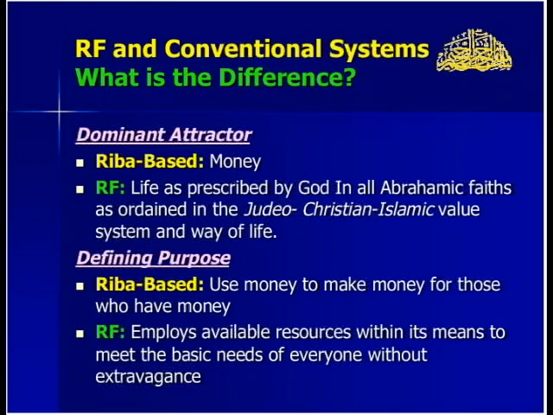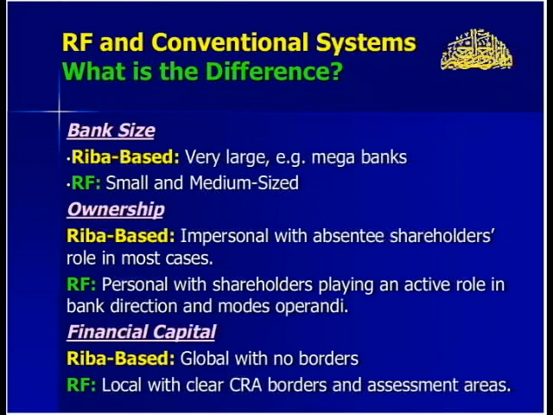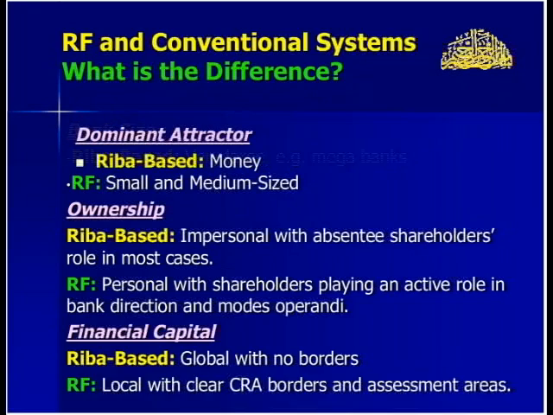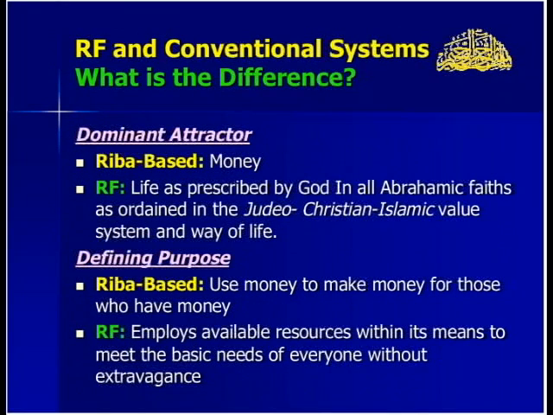In the riba-free system, it employs the available resources within its means to meet the basic needs of everyone without extravagance. So the question you are faced with as a riba-free bank: would you finance one car for $100,000 or 5 cars for $20,000?